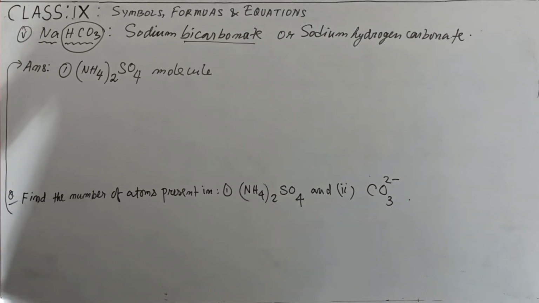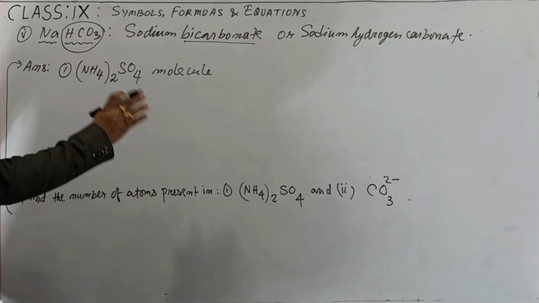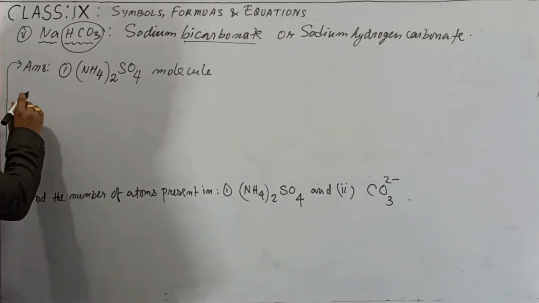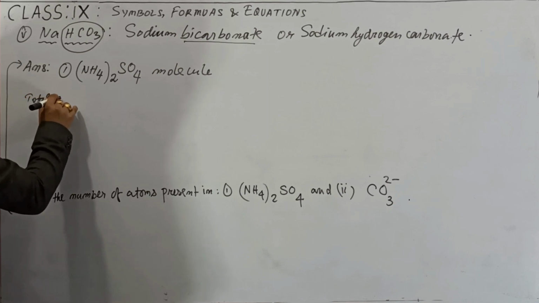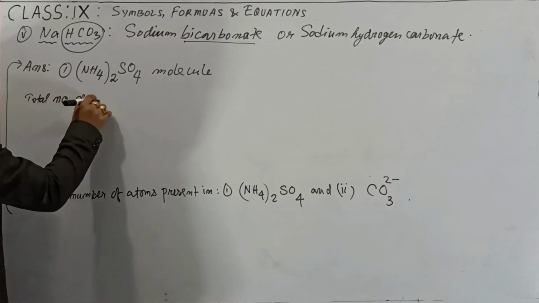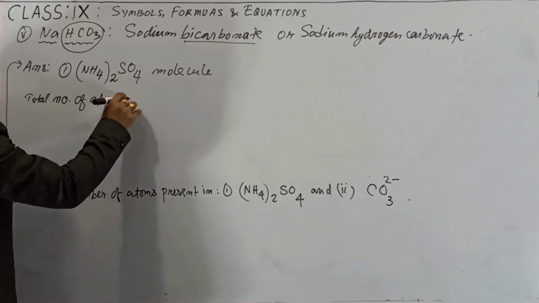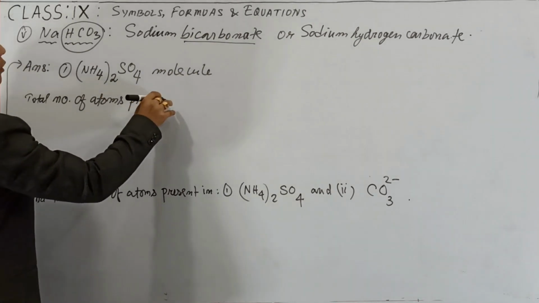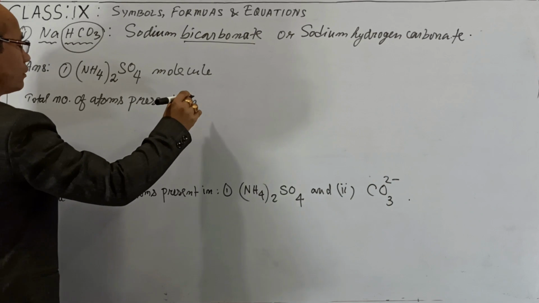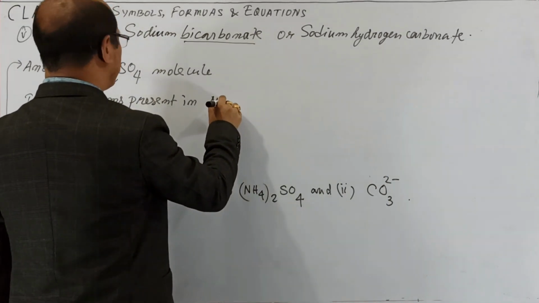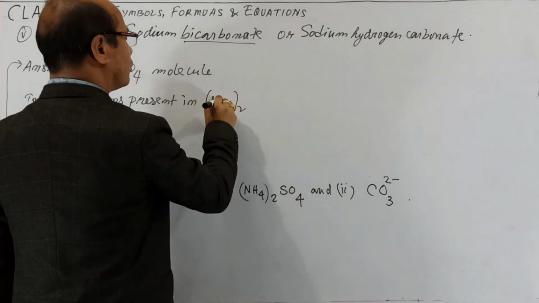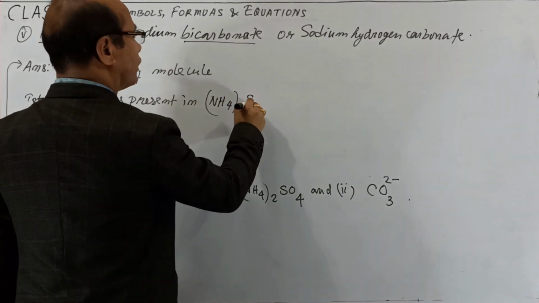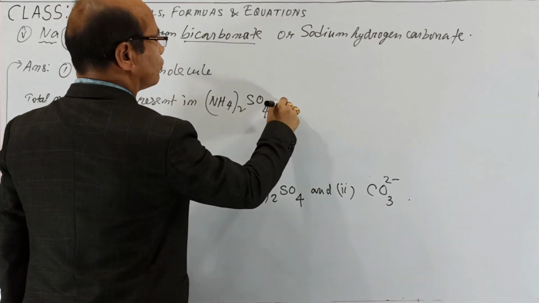Now we are going to find out the total number of atoms present in this ammonium sulfate molecule, (NH4)2SO4.